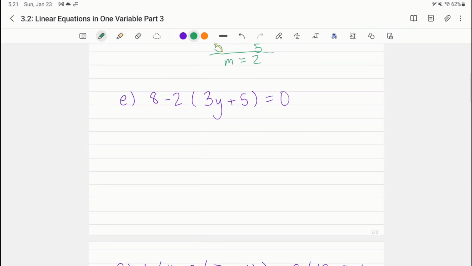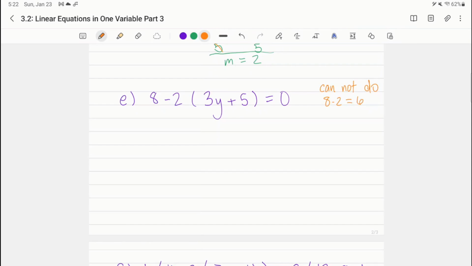Here, I'm not going to divide by 2 because the parentheses are not by themselves. So instead, I'm going to distribute. Notice I cannot do 8 minus 2 equals 6.